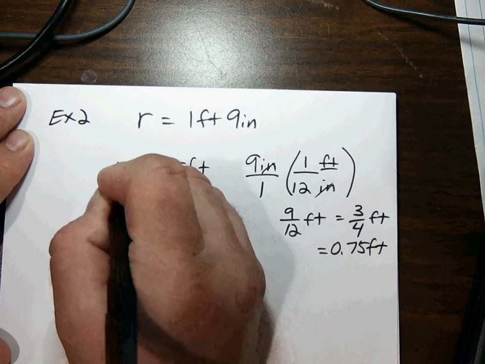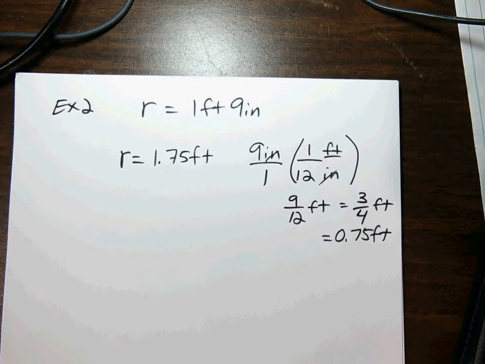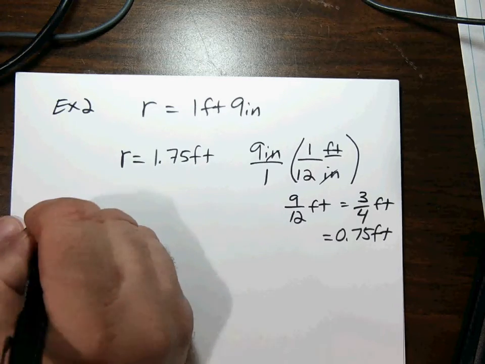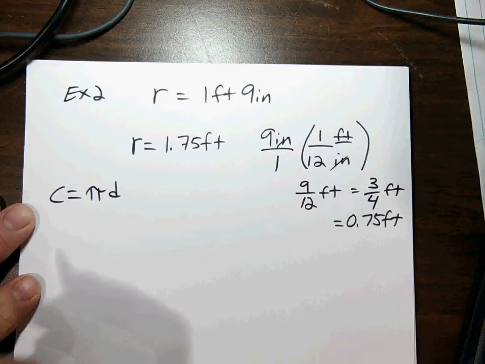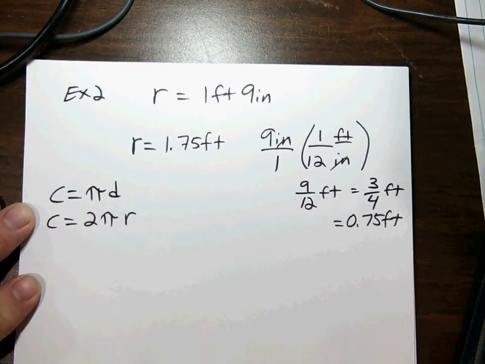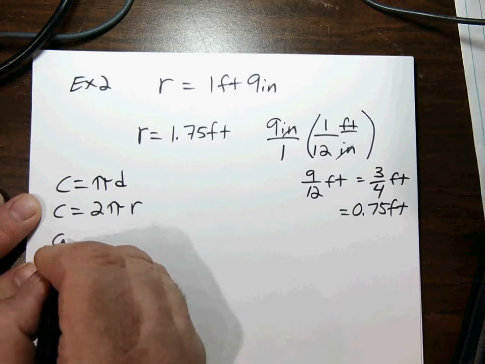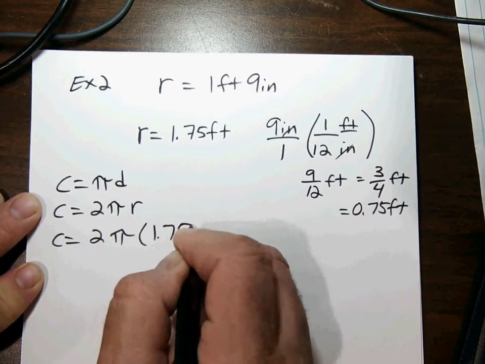Okay, that's my actual radius. Okay, we're finding circumference, right? Circumference, we said, the formula is either pi times diameter, or we could think of that as 2 times pi times the radius. And since we have the radius, I'll think of it that way. So 2 times pi times 1.75 feet.